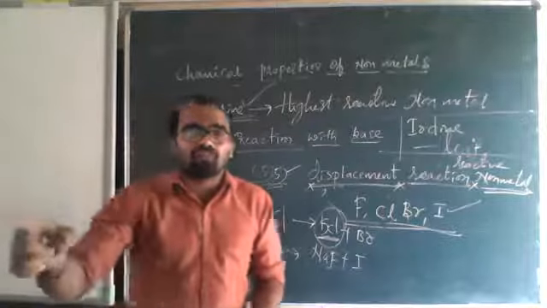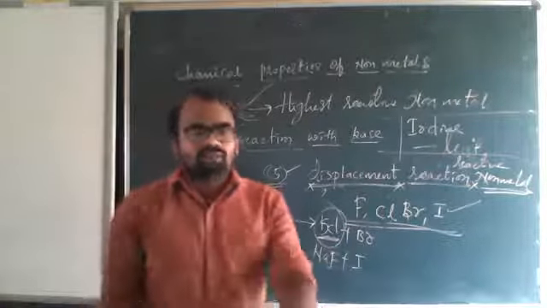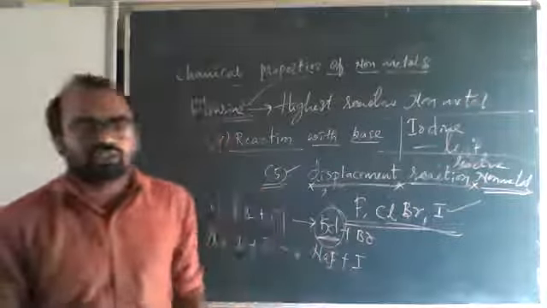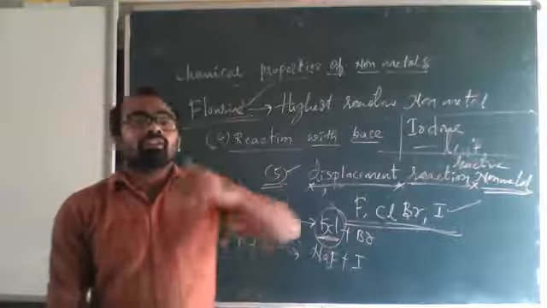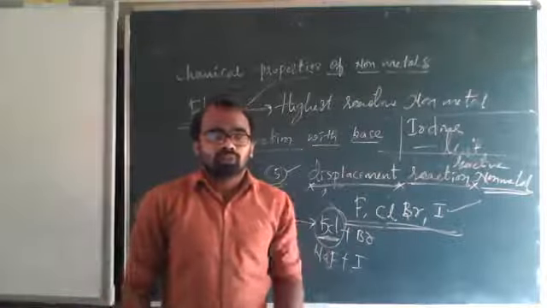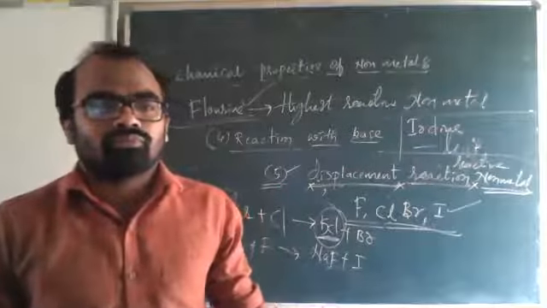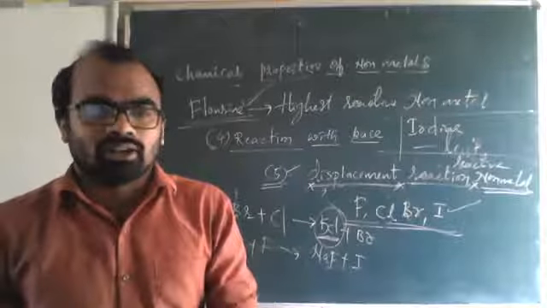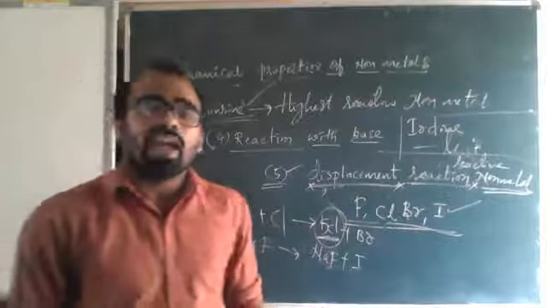With oxygen they form non-metal oxides. Non-metals react with oxygen, they form non-metal oxides which are acidic in nature. S plus O2 gives SO2, C plus O2 gives CO2. They do not react with water at all. Third one, acids.